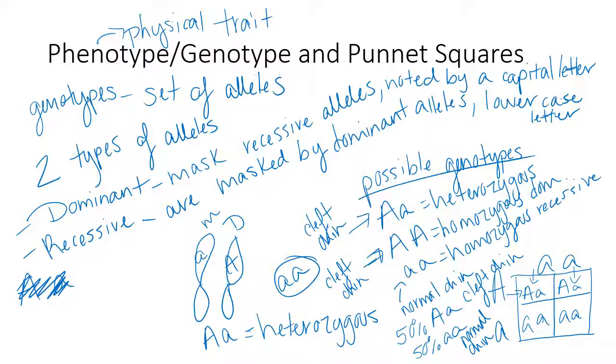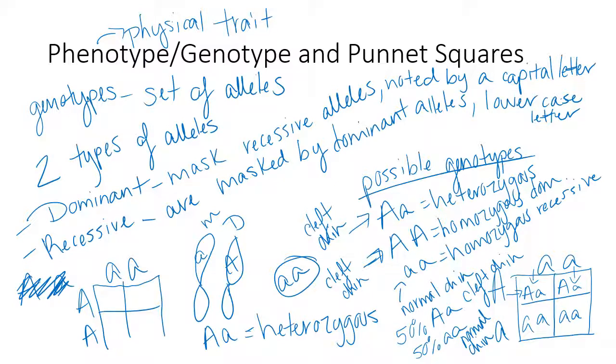Let's go over here and let's say that he is actually homozygous dominant. So let's do another Punnett square where he is homozygous dominant.